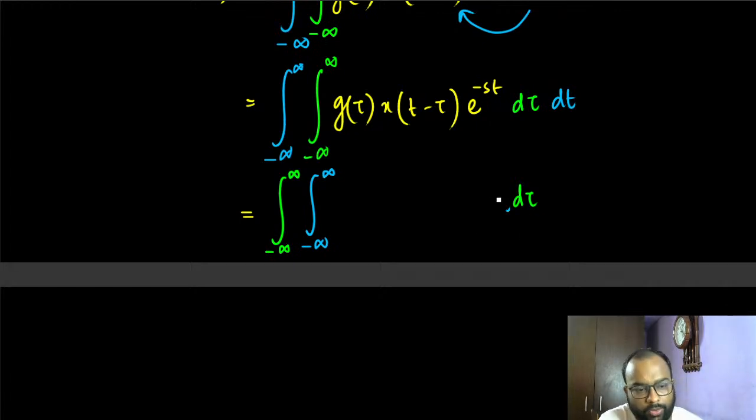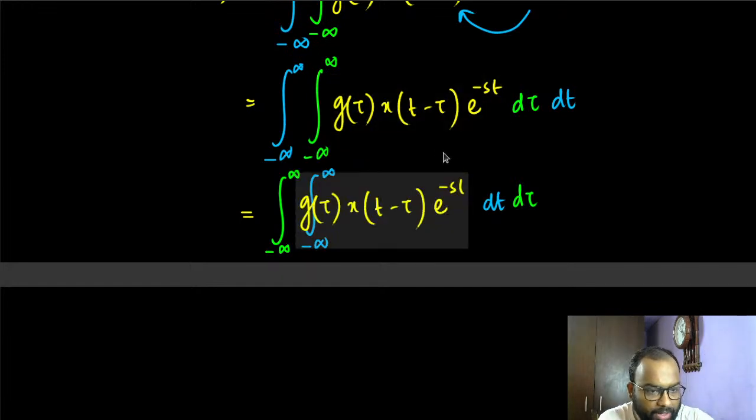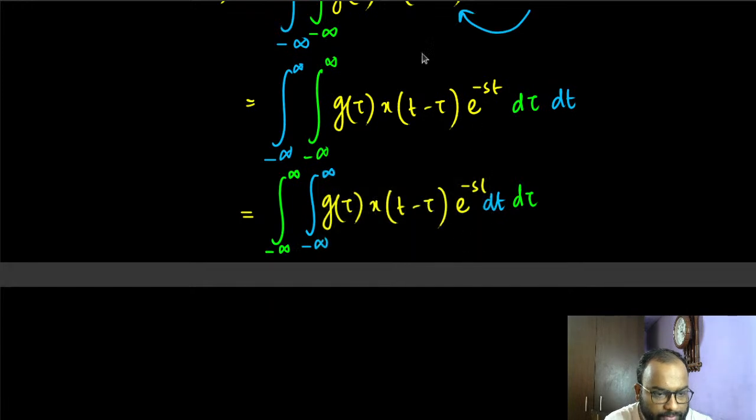You see the order, right? First we integrate with respect to tau, and then with respect to t. We actually change the order, and whatever was inside remains like that. It won't be a problem, but we have just changed the order of integration. So we are going to say changing the order of the integration.